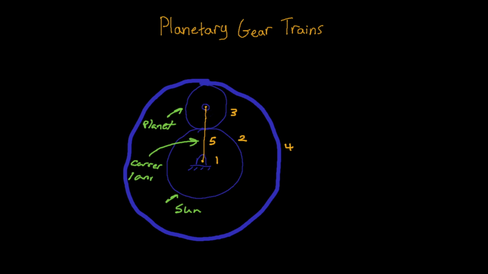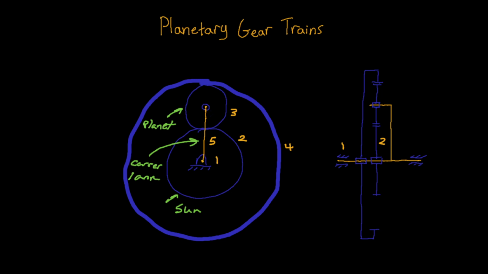of the gear system. Let's use the convention of drawing the cross-section of our gear system so that we can get a better understanding of how the gear elements interact. Let's transfer the labels over. The ground was 1, the sun gear was 2, the planet gear was 3, the ring gear was 4, and the carrier is 5.